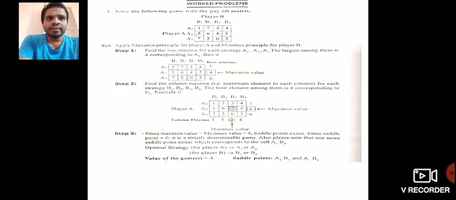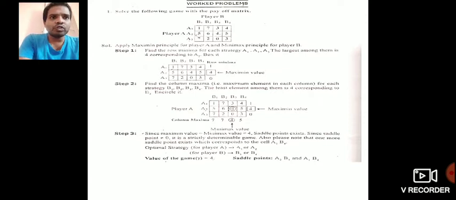Now, if the value of the game equals 0, then we call that game a fair game. If it is not equal to 0, then we call it a strictly determinable game. Here we got the value of the game as 4, which is not equal to 0, so you can call it a strictly determinable game.